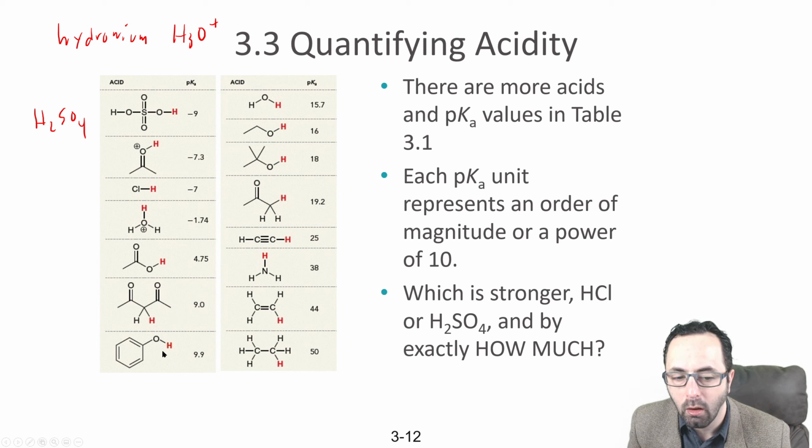We've got a phenol, slightly less acidic than that, and water, which is significantly less acidic. And then alcohols, less and less acidic, until you get alkanes, which are not acidic at all.